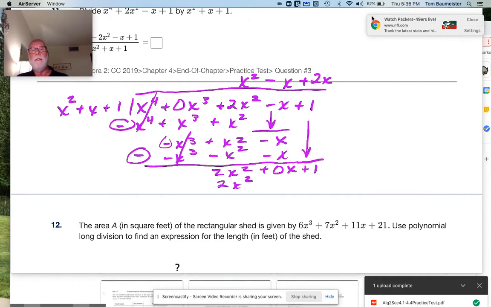I will get, let's see, 2x times x, which will be, not 2x there, darn it, that's 2, not the x. So 2 times x squared gives me 2x squared. 2 times x gives me 2x. 2 times 1 gives me plus 2. And again, I'm going to be subtracting those.